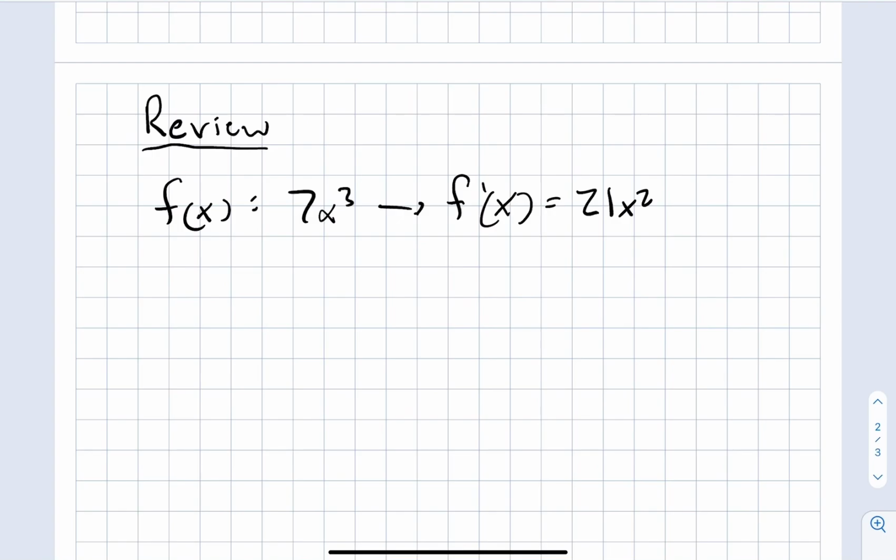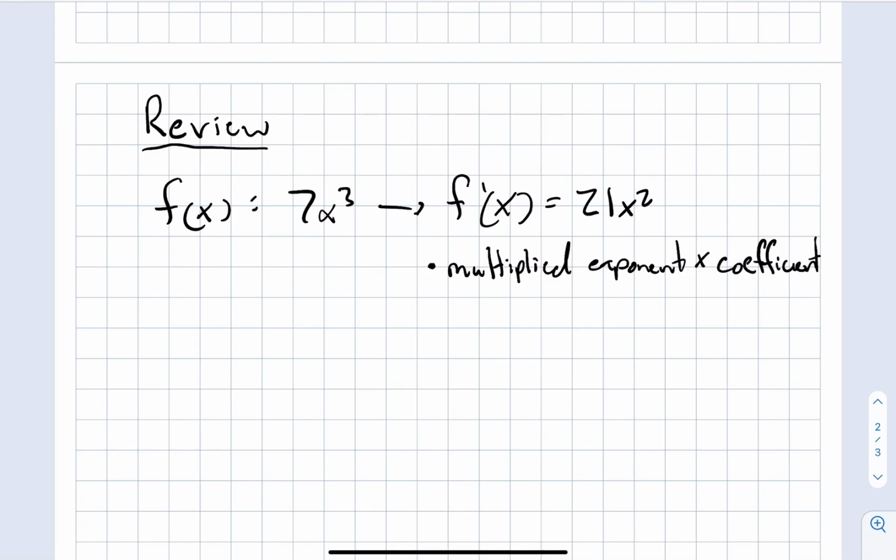Let's review. And now we're going to be focusing on, well, what if we started here and we had to get here? Can we figure out how to do that? If we think about the steps that we used, we just have to go backwards. So let's just think about this. How did we get here? Well, first of all, we multiplied the exponent times the coefficient.